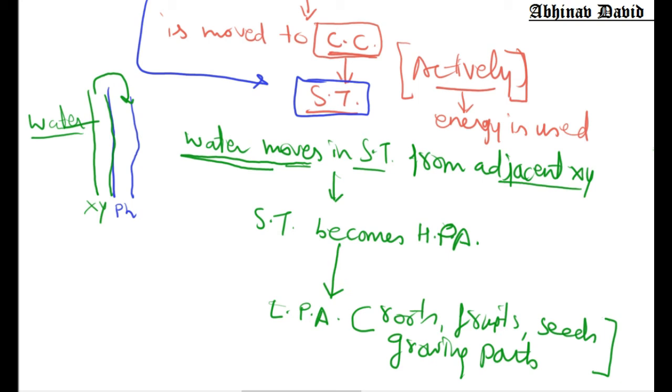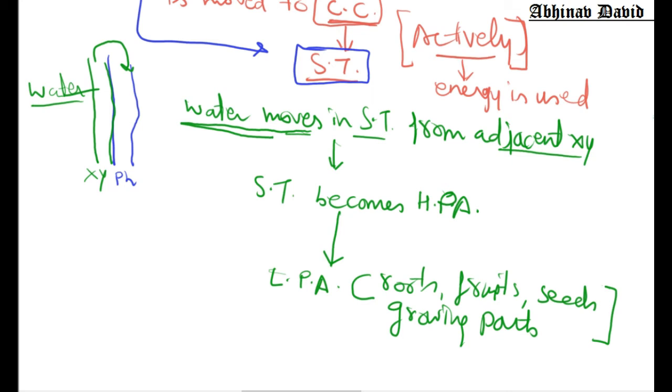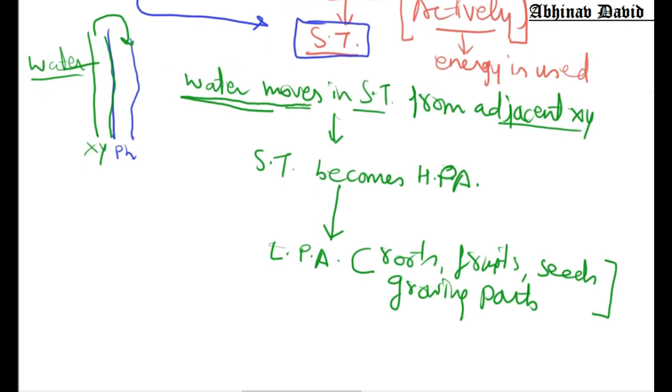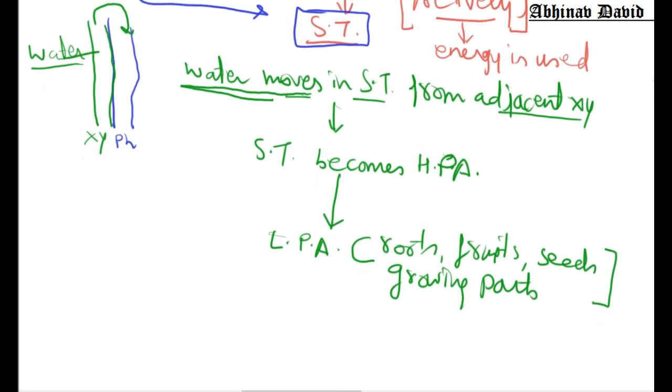So to equalize the concentration, extra water moves from the adjacent xylem into the sieve tube. Now the sieve tube contains more water, so it has become a high pressure area. And then the food from the sieve tube moves to the low pressure regions.